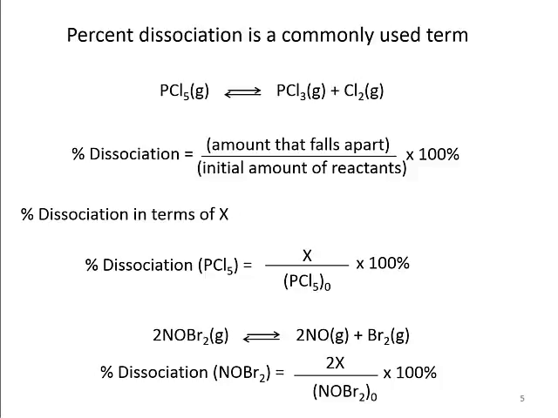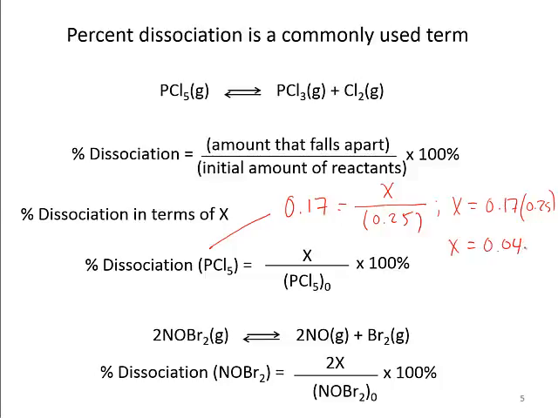So you might hear that percent dissociation of PCl5 was 17%, so 0.17, and if the initial amount of PCl5 were 0.25 molar, we could solve for the amount of X in the equilibrium table, and X would be equal to 0.043 molar.